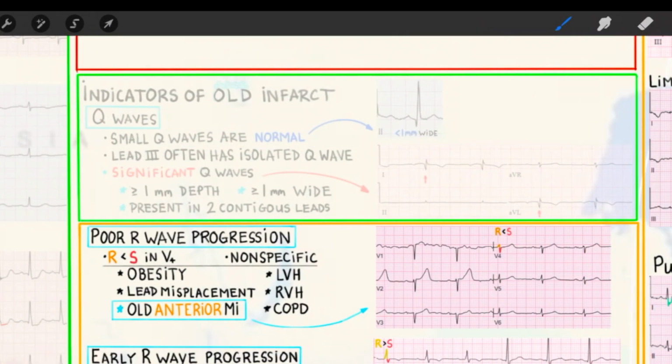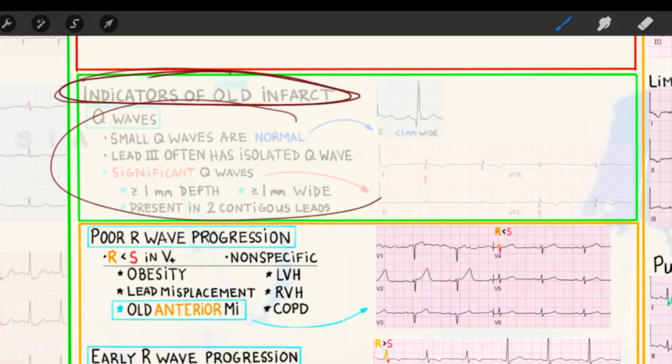All right, changing gears from acute infarct, we're going to go into indicators of old infarct. In level 1, we talked about Q waves. Well, here we're going to talk about poor R wave progression, which is another sign of old infarct. And that's defined as R less than S in V4.